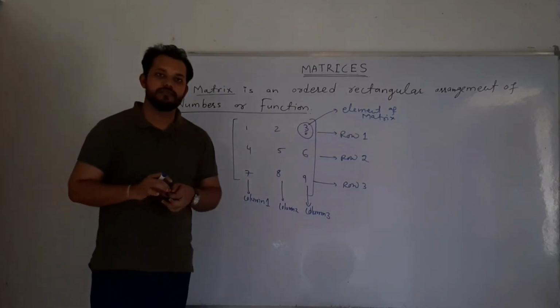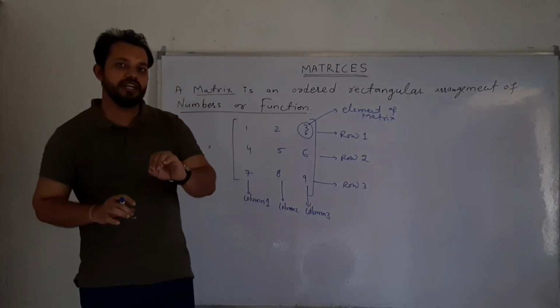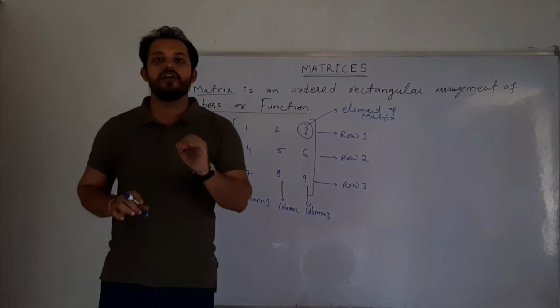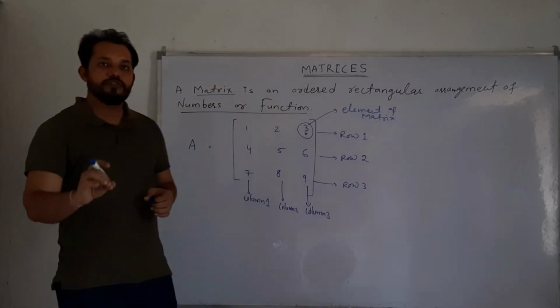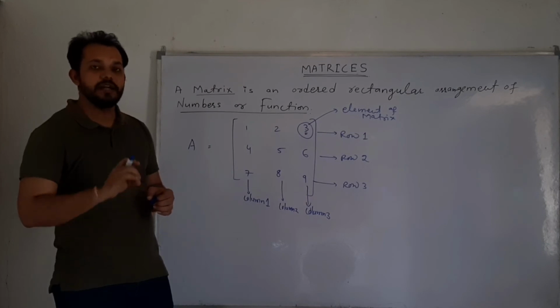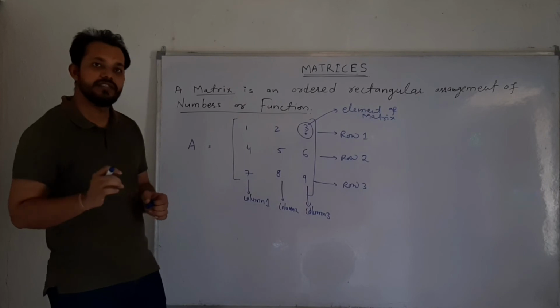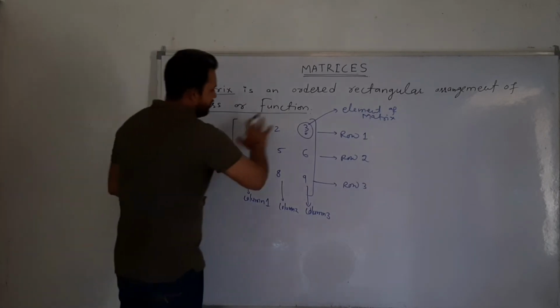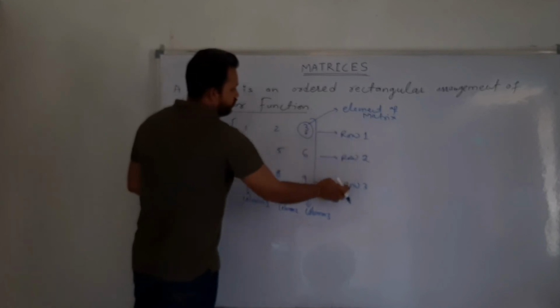Then the next thing we will understand is the order of a matrix. The number of rows and the number of columns is called the order of the matrix. Suppose in this matrix A we have 3 rows, row 1, row 2, row 3.